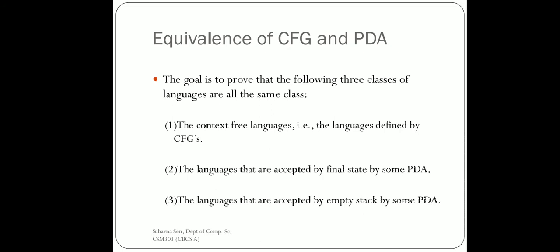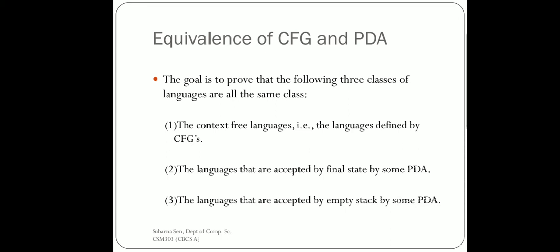So to begin this discussion, we have to prove that the following three classes of languages are actually the same: the context free languages, that is the languages defined by CFG; the languages that are accepted by final state by some PDA; and the languages that are accepted by empty stack by some PDA.